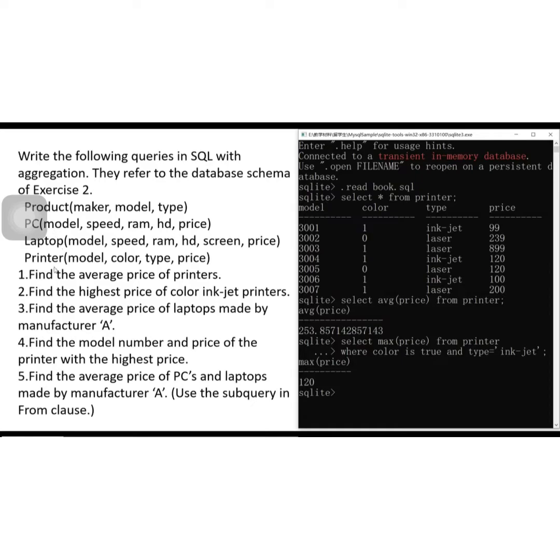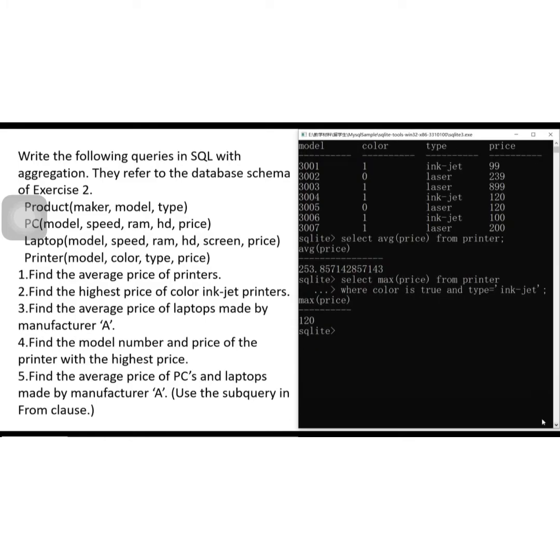So for this query we'll use product and laptop. Okay, so we can use multi-relation in from clause or subquery. Now we'll write the SQL sentence in these two ways.